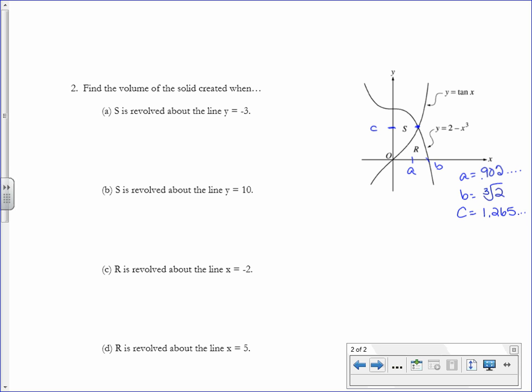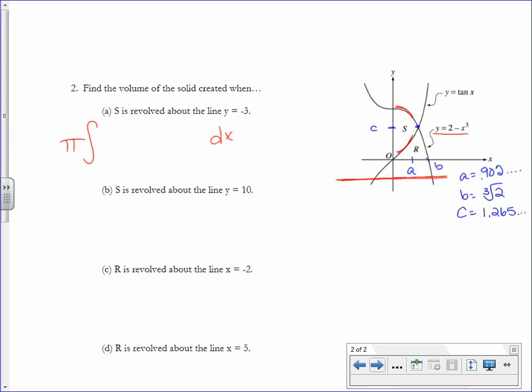So if I want to revolve for part A, S around the line y equals negative 3, I'm going to think about where y equals negative 3 is, and it's down here below the graph. So my outer radius would go from the top line of S down to negative 3. The top line of S is the equation 2 minus x cubed, and the bottom line of S is y equals tan x. I'm revolving around a horizontal line, which looks like the x-axis, so I'm going to be in terms of x.